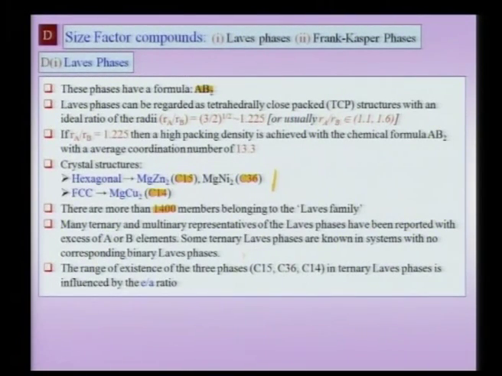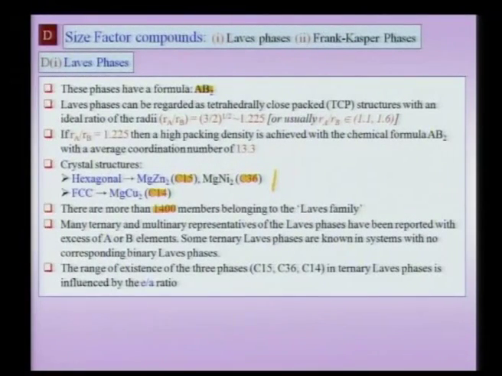There are representative members: for the C14 class it is MgCu2 structure, which is called an FCC lattice. For the C15 class it is MgZn2, which is hexagonal, and there is a more complicated one having more atoms, MgNi2, which is also from the hexagonal class.